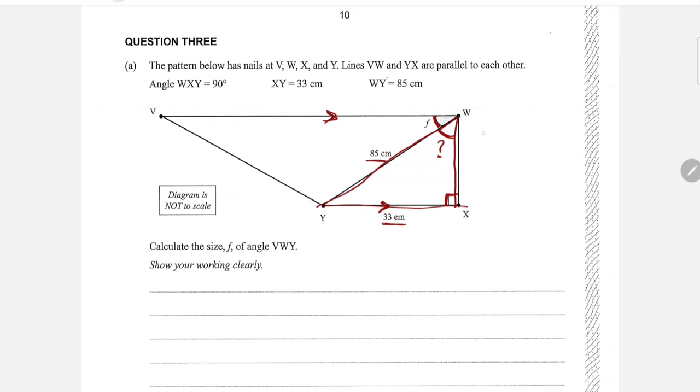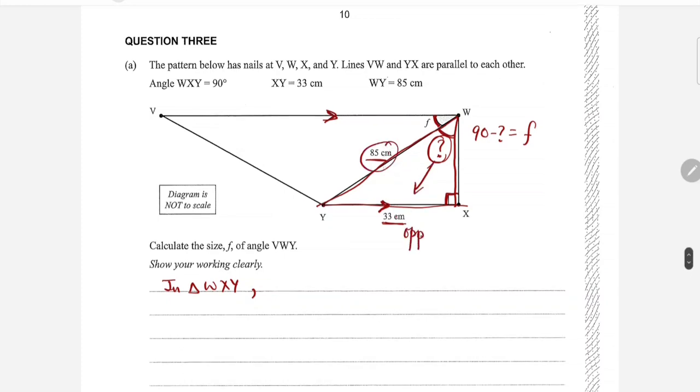And using 90 minus this angle, I can find F. So let's do it in triangle WXY. Again, labeling is important. Now this is your opposite, and this is the hypotenuse. So we have opposite over hypotenuse, and we are using sine of this angle.